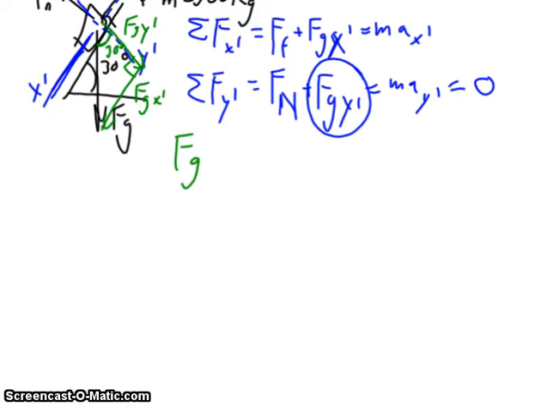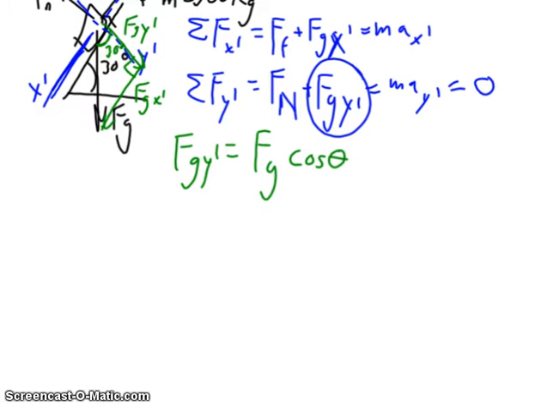According to some trig, our amount in the y prime direction is actually the full force of gravity times the cosine of the angle.